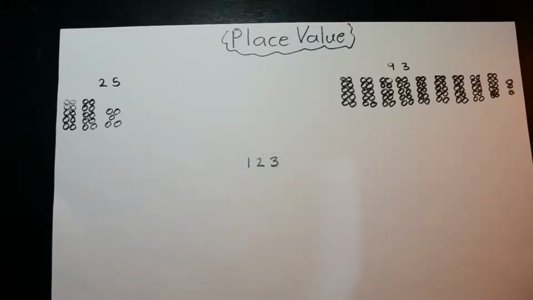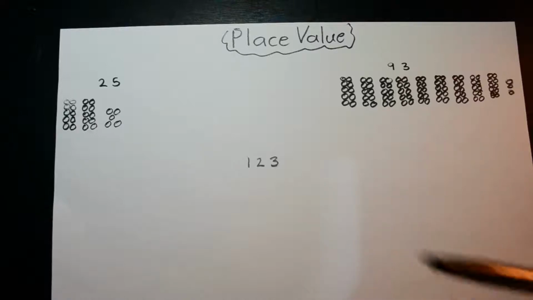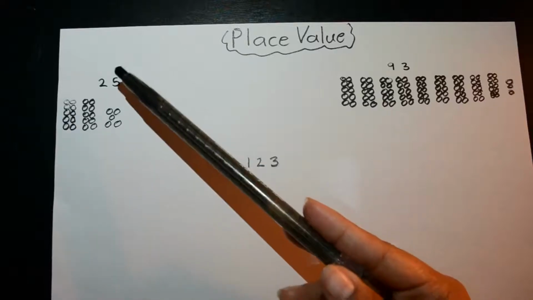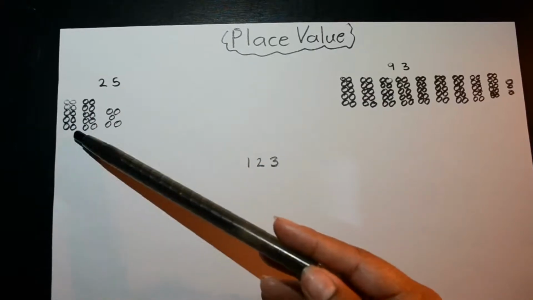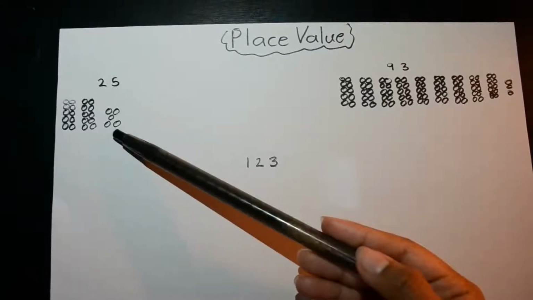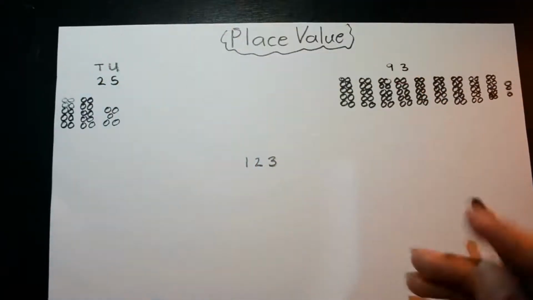So today we're also going to be talking about the hundreds, okay? The hundreds, not just the tens, not just the units, but also the hundreds. Right, so here I have the number 25. It's made up of 2 tens and a 5. So just remember that this side is the tens and this side is the units.